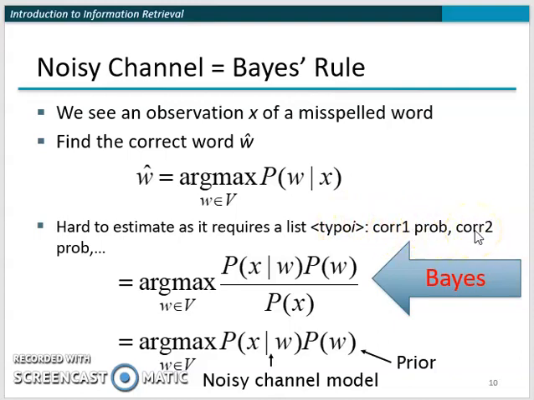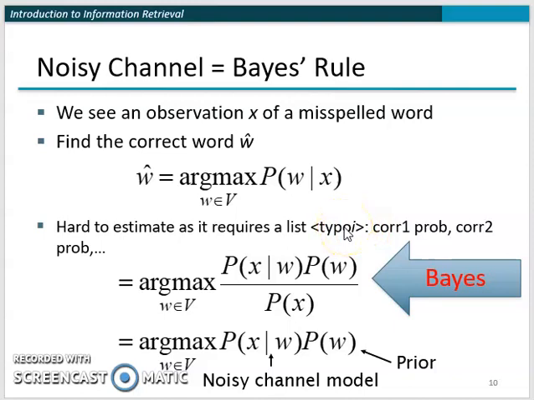Then we have the second correction or second candidate for this typo and its probability, and so on. To get this type of list, we need a large data set of spelling mistakes along with their corrections, and using that data set, we can find these probabilities.